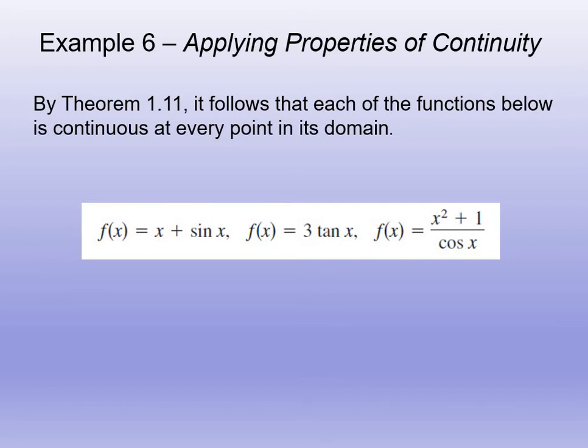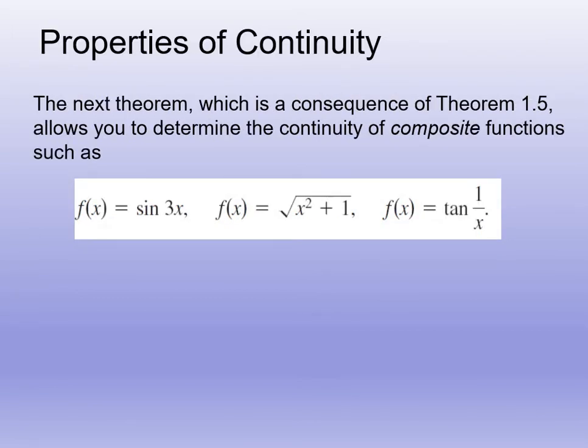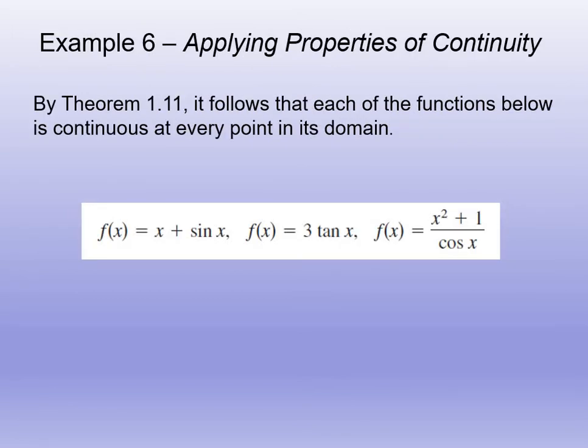Sine over cosine. So every time cosine goes to 0, right, at pi over 2 and 3 pi over 2, tangent is not continuous, okay? So we've got to be careful there. That function is not going to be continuous, right? If we look at x squared plus 1 divided by cosine of x, we're going to have issues when cosine goes to 0, okay? So we know right away that function is not going to be continuous as well.